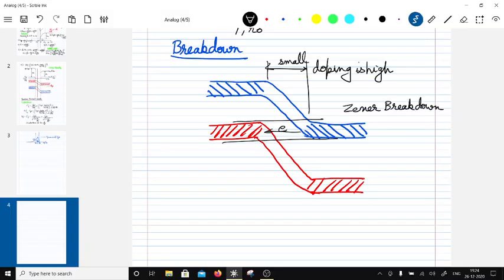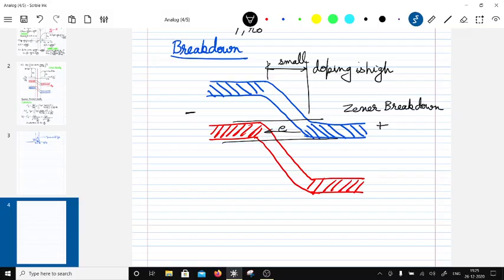Now when they are far apart, so when this is not small, what is going to happen is the electrons gather over here, and these electrons keep on accumulating energy. So this side is going to be negative and this side is going to be positive.